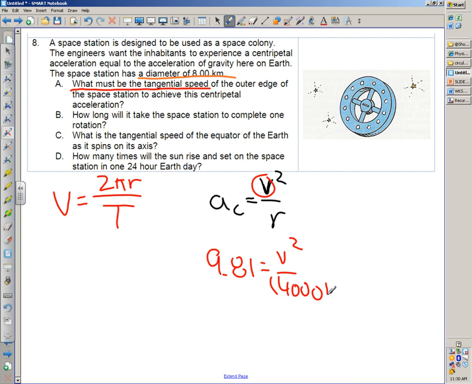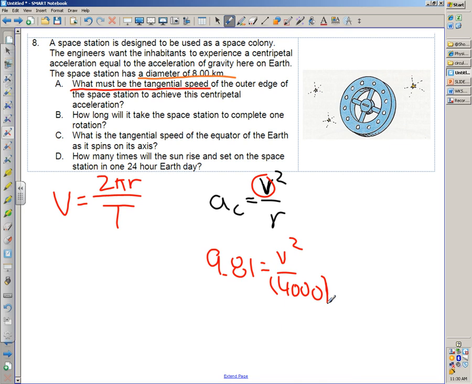So to do that, you can figure out what the tangential speed is. Okay. Is that good there? So then is centripetal acceleration the same as regular acceleration? In this case, it is, Rachel, but it doesn't always have to be.